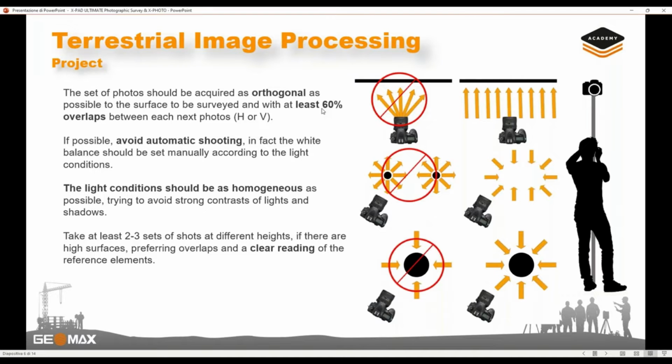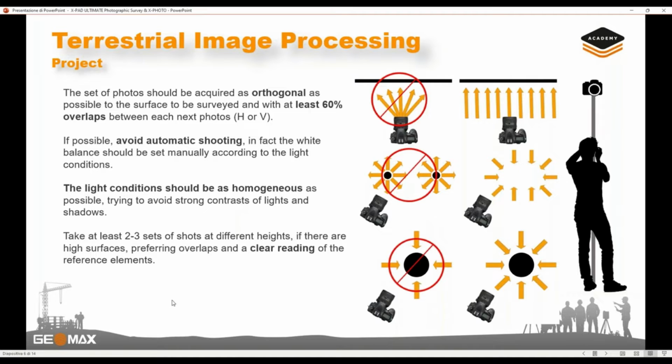In that case, the better condition is not during midday, but, for example, during the first hour of the day or the last hour of the day, when we have fewer shadows on the surface. The light condition should be, as I told you, as homogeneous as possible. So avoid strong light contrast and shadow, of course.